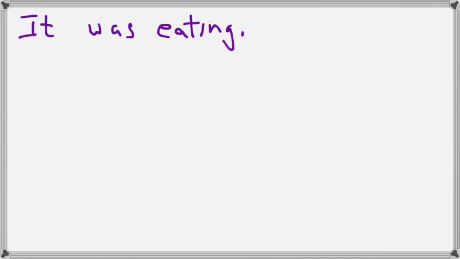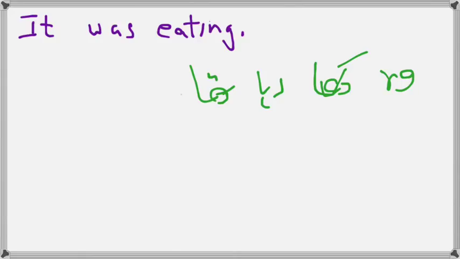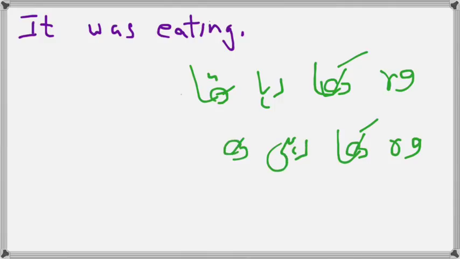Similarly, we want to say it was eating. Then we will say similarly for male वो खा रहा था, and for female वो खा रही थी. हम खा रहे थे. We were eating.